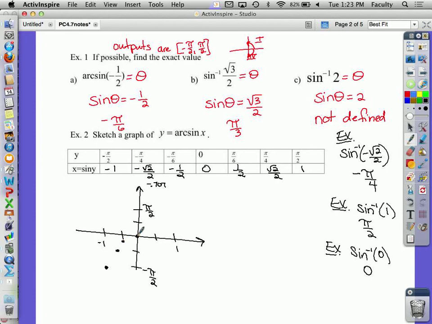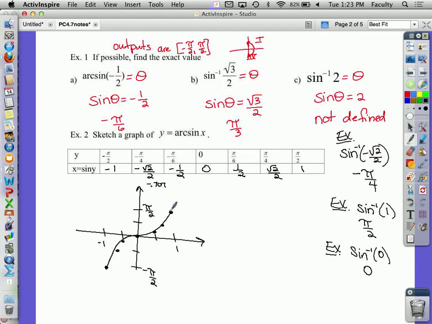0, 0. Then I have 1/2, pi over 6. 0.7 is pi over 4. And 1 is pi over 2. Do you understand you're doing x, comma, y? And there's your inverse sine graph.